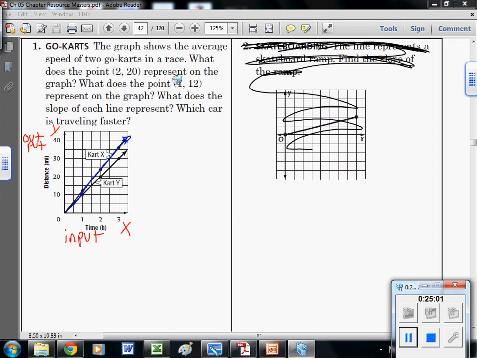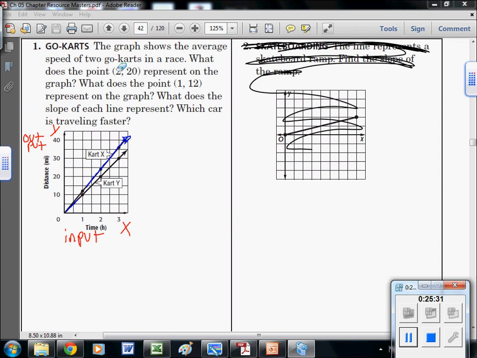So in fact, that's what we just interpreted when they asked what does the point 1 comma 12 mean? Go up 12. That means 1 hour has gone by, and cart X has gone 12 miles, because 1 is hours, 12 is miles. So 1 hour is 12 miles. That's what that point means.